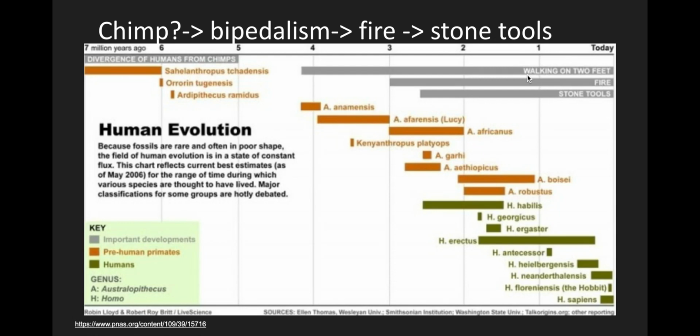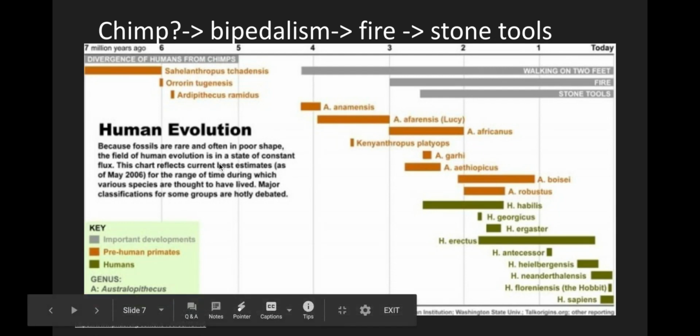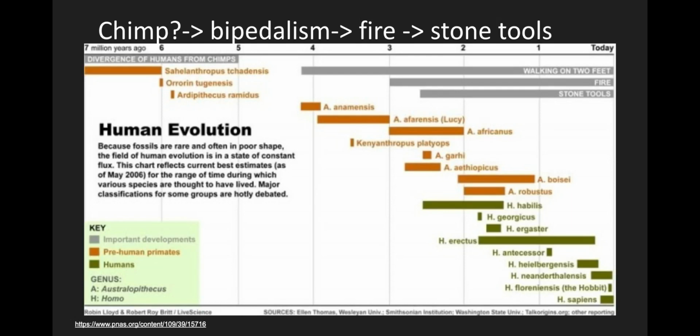So, very cool chart here from the PNAS, National Academy of Sciences of the United States. As we continue here, we'll see walking on two feet, fire and stone tools. How long ago was this? One year, two year, three, four? No, four million years ago is when we start to see things that are looking like humans, possibly related.